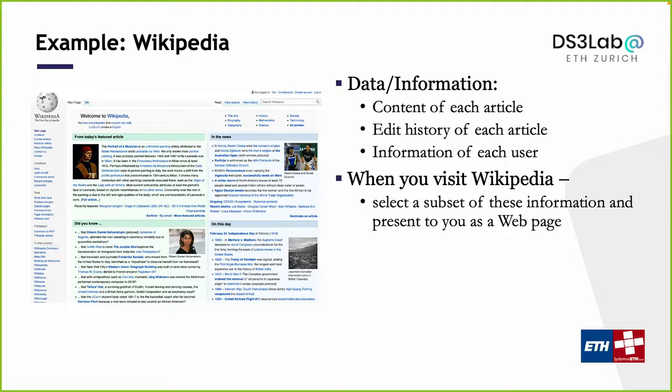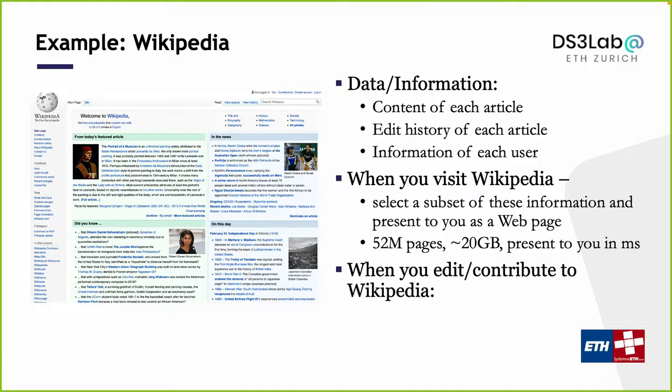You need to be able to select a subset of that information and present that to you as a web page, like what we show on the left-hand side. Here we are talking about like 50 million pages, so you need to do that really efficiently. And when you edit and contribute to Wikipedia, you also need to save all that information back to your database. You need to be able to update it.